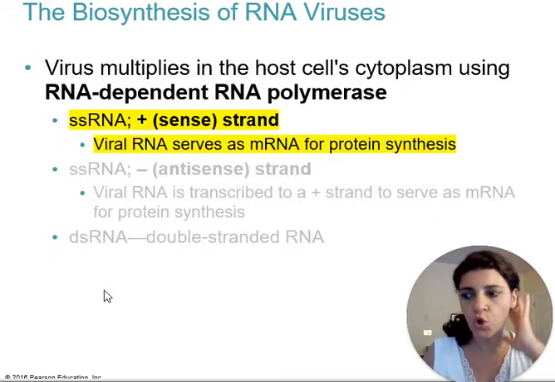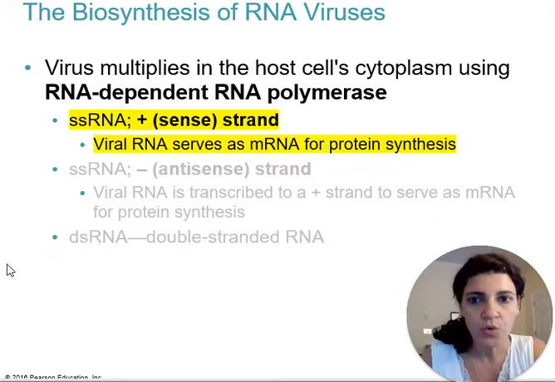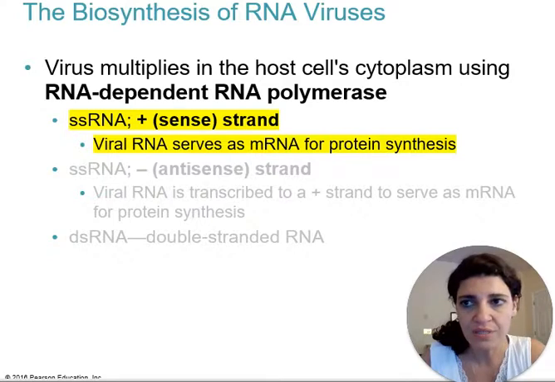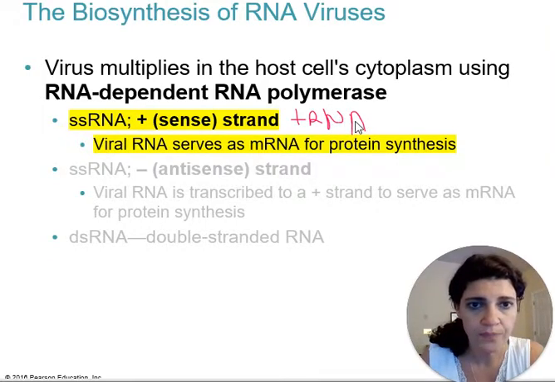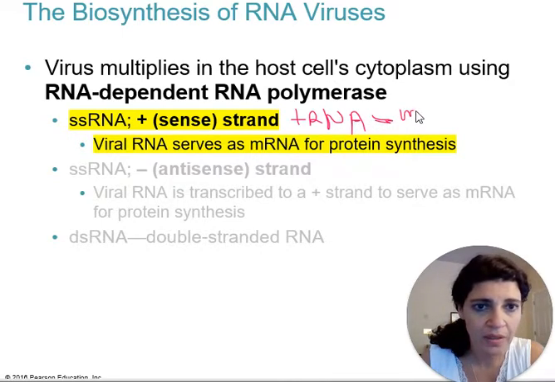I'm going to focus on one type, which is the positive or sense strand. So every time you see positive RNA, I don't have my pen here today, positive RNA, that's going to mean this is the mRNA.